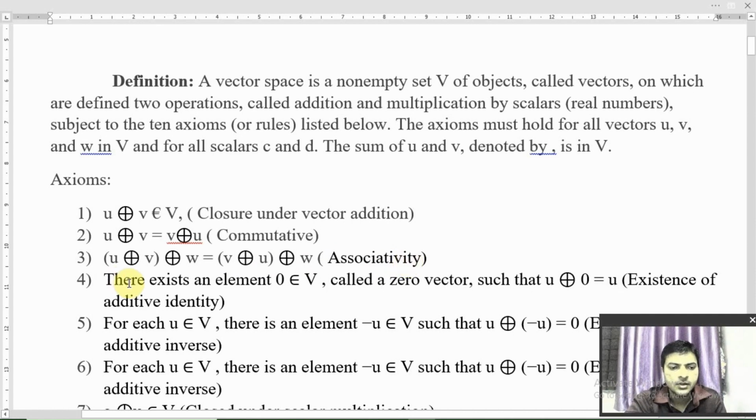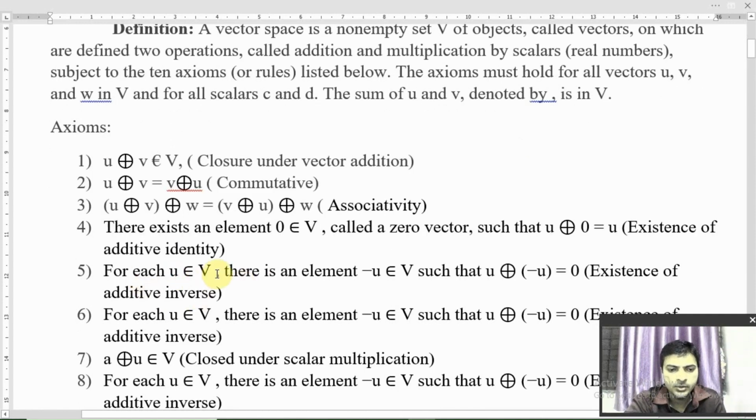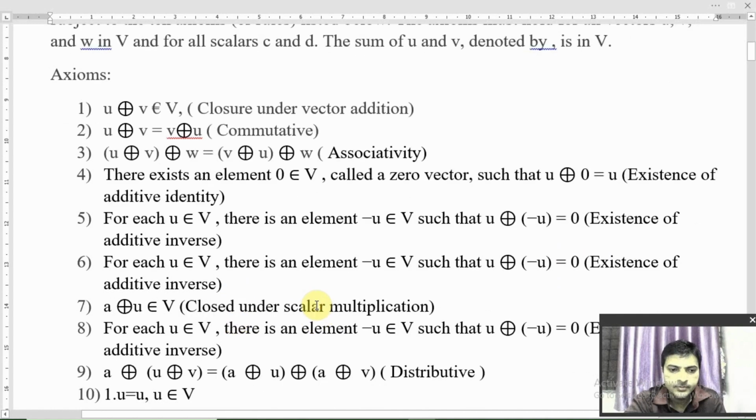The fourth axiom: there exists an element 0 belonging to V called the zero vector, such that u + 0 is equal to u. So the existence of additive identity is satisfied. For each u belonging to V, there exists an element minus u belonging to V such that u + (−u) is equal to 0. So the existence of additive inverse is satisfied.